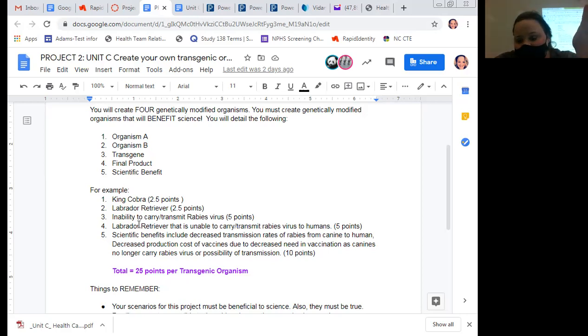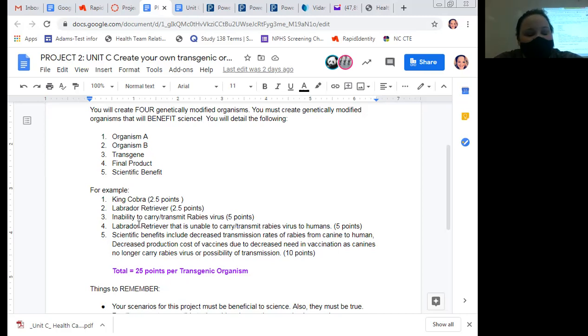I had my snake. I knew that snakes didn't carry rabies. I had my dog. I knew that it did. What I did is I took the gene that makes it where a snake cannot carry rabies, took it out, and put it into my dog. So that's organism A, organism B, and the transgene. My final product is a beautiful Labrador retriever that cannot carry rabies.